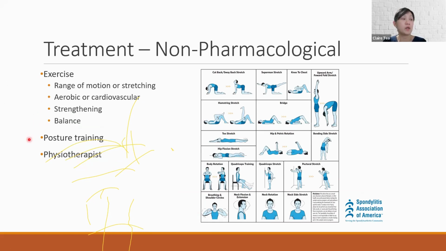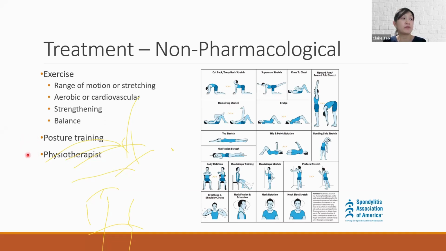This is especially relevant in people who may already develop spinal deformity, fusion of the spine, and stooped posture, because posture training will at least help the spine to fuse in the least severe way.